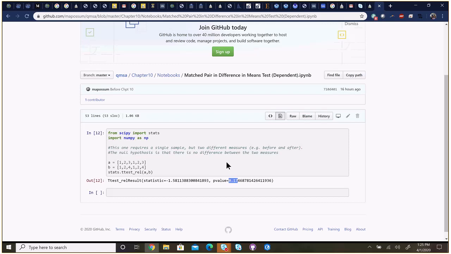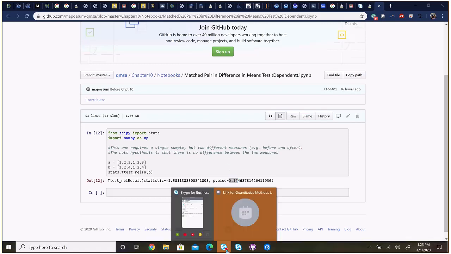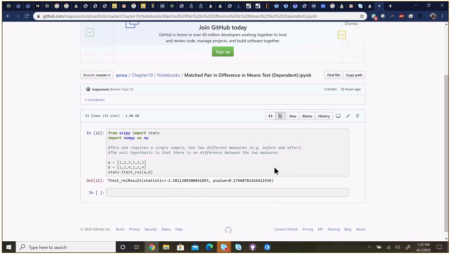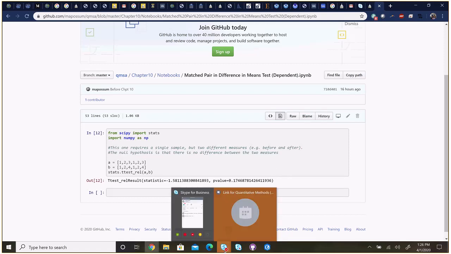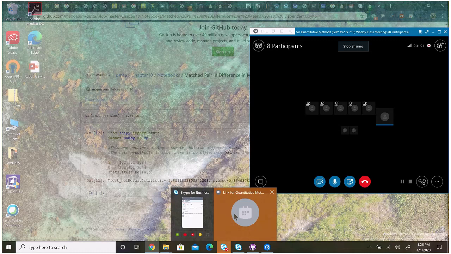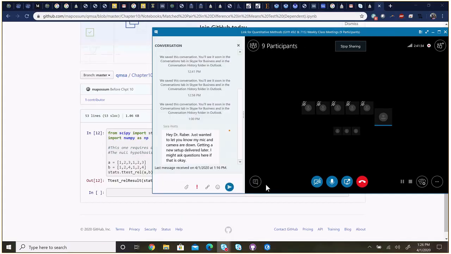Do we accept or reject the null hypothesis? I think that's probably where a lot of the confusion came on the test. You guys can answer in there if you want.